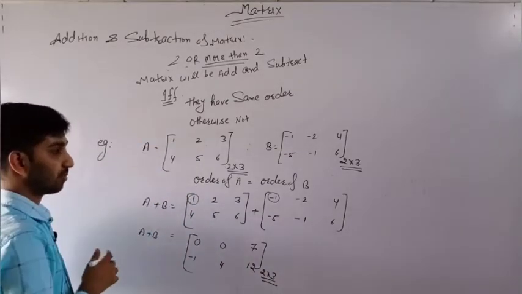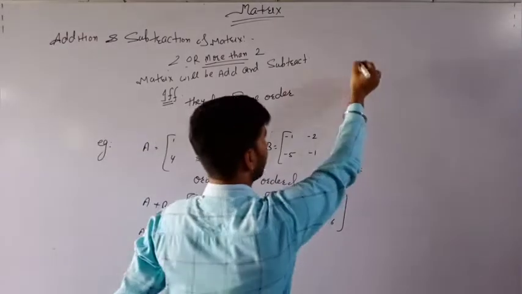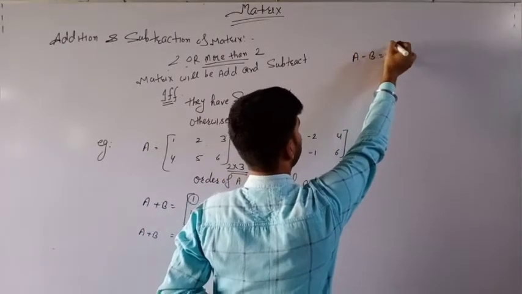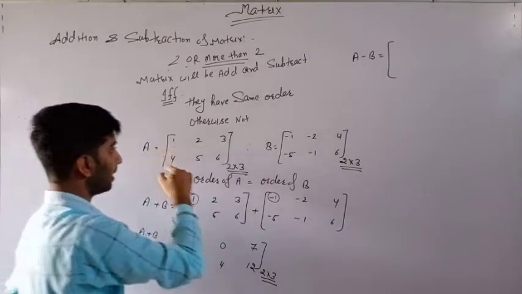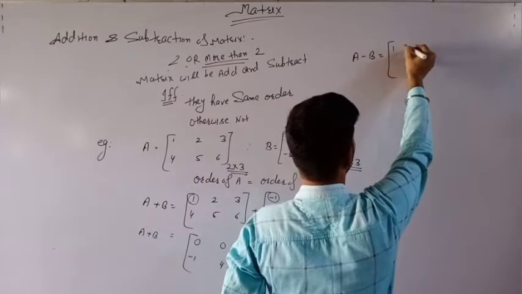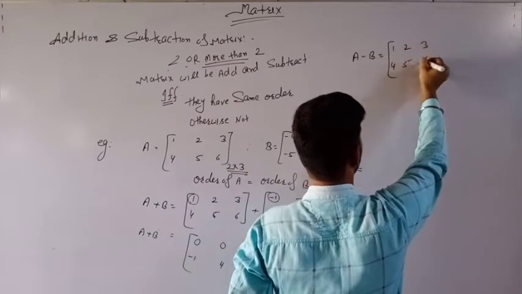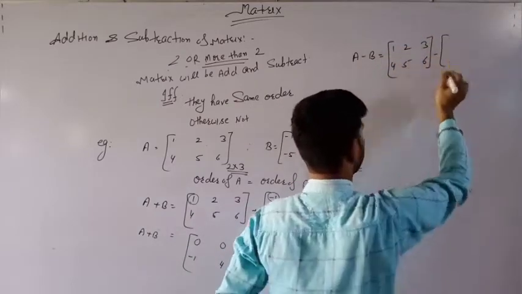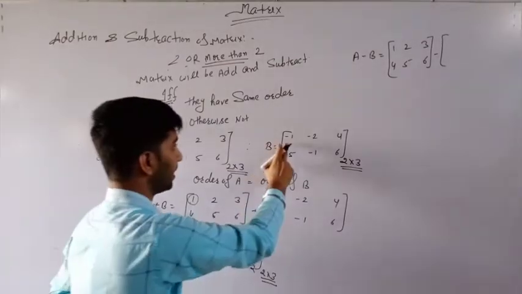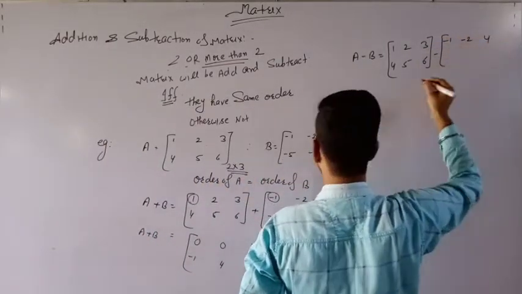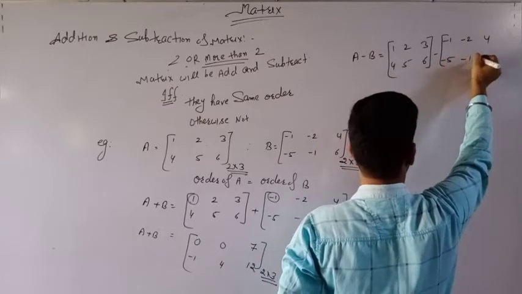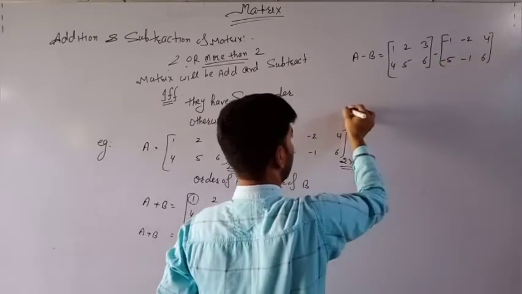Similarly we can subtract and find A minus B. A is 1 2 3 4 5 6 minus B, which is -1 -2 4 in the first row and -5 -1 and 6 in the second row.